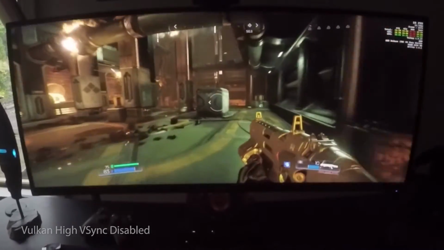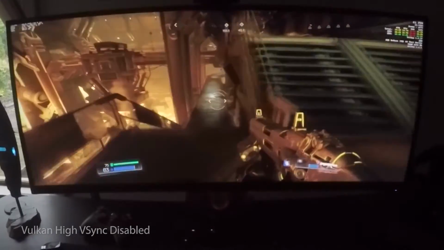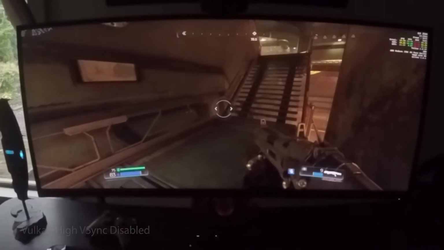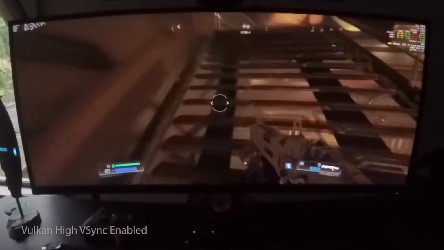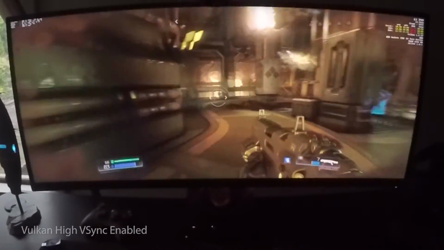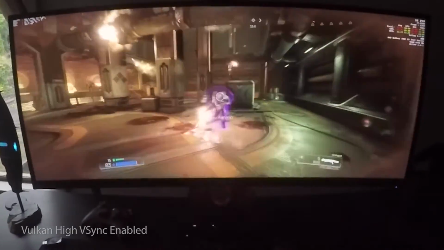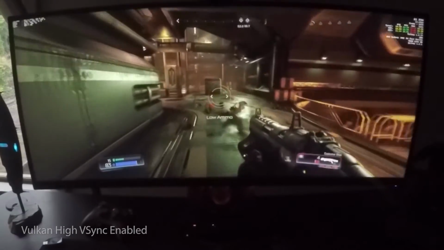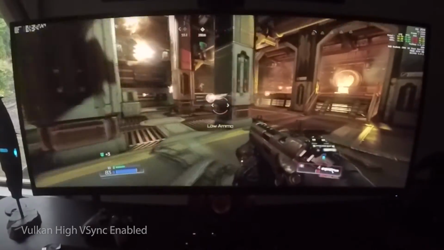I remember thinking that if I turned on VSync, that would solve the problem. So I'm going to do that, actually. I'm going to switch to settings, video. I'm going to turn VSync on and see if that solves the problem, since it's stabilizing frames. It feels pretty good on high. I'm not really complaining.